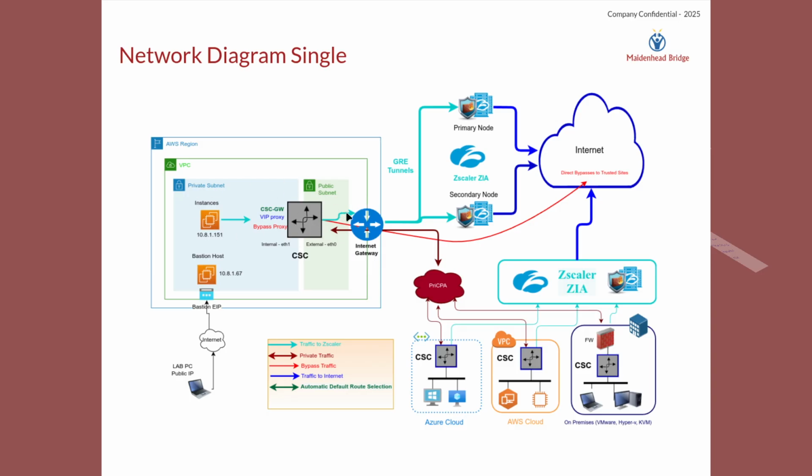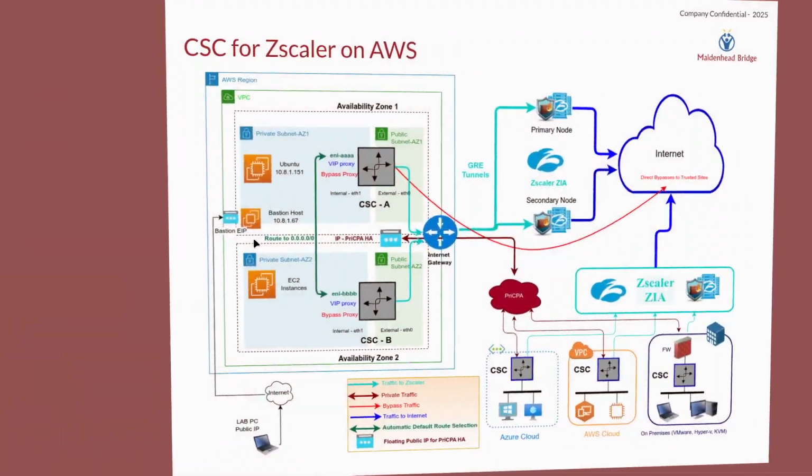At this moment we have this connector running with the three main services, that is traffic to Zscaler, bypass traffic, and internal connectivity of this region to other regions on our network. And we have also here for lab purposes a Bastion host to connect to the internal instances, but the truth is now, because we have PriCPA enabled, we can go direct. But anyway, this is still there.